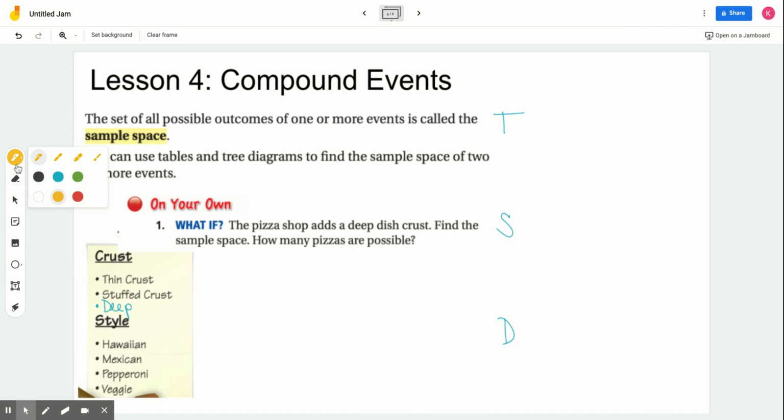Now, for each of those, we have 4 style choices. So each of these is going to have 4 branches: Hawaiian, Mexican, pepperoni, and veggie. And I'm just going to abbreviate here to save time.